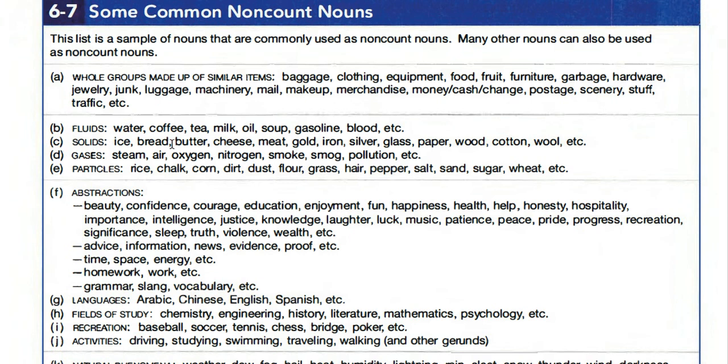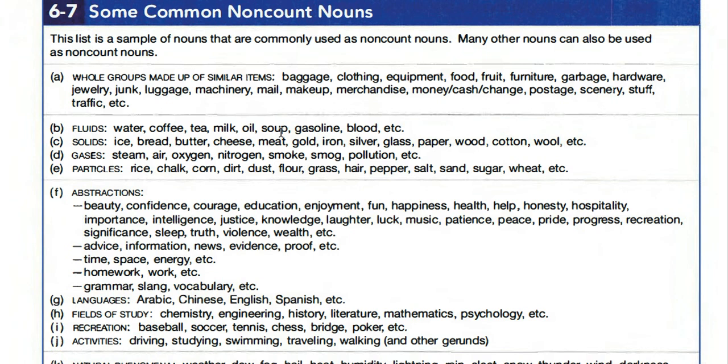So we have solids, something rigid like ice, bread, butter, cheese, meat, gold, iron, silver, glass, paper, wood, cotton, and wool. Those look like a solid, single item.